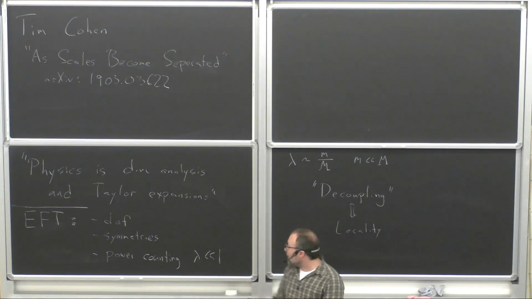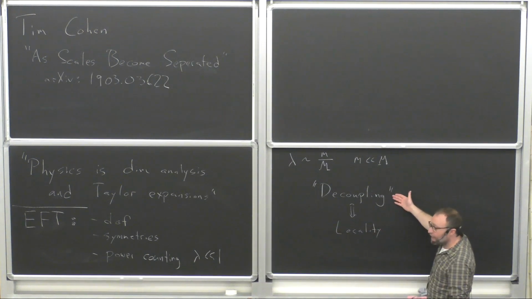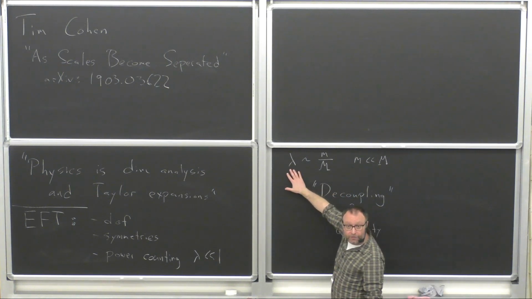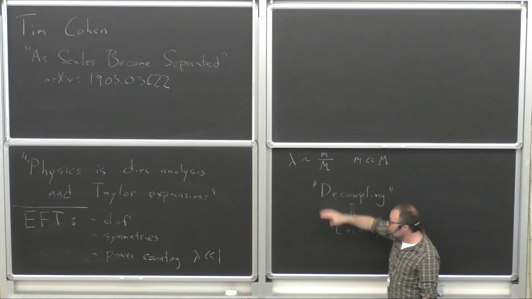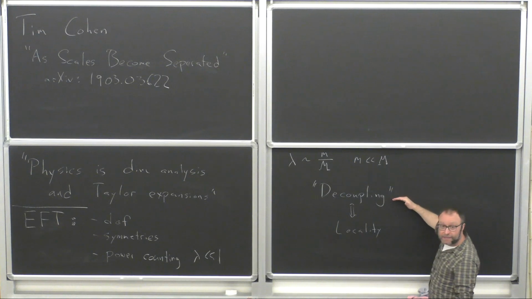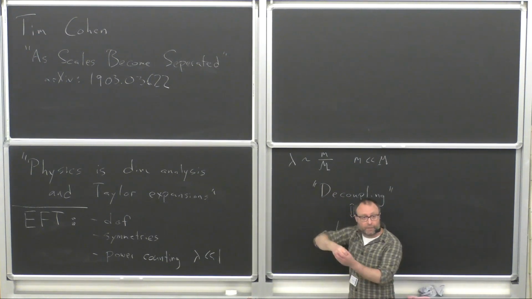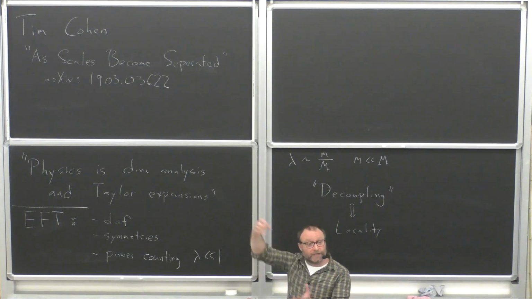Basically, as we get deeper into the regime where the power counting parameter is small, in other words as we take this heavy mass M to be larger, the heavy physics decouples in a controlled way. So this power counting parameter is going to determine the indirect influence of the heavy physics as we decouple it.